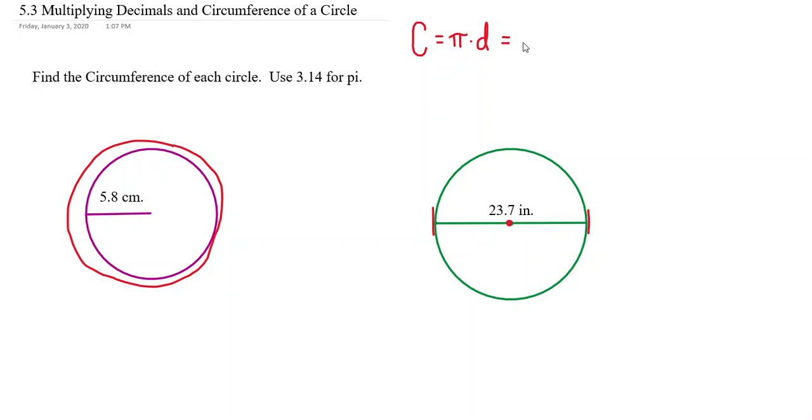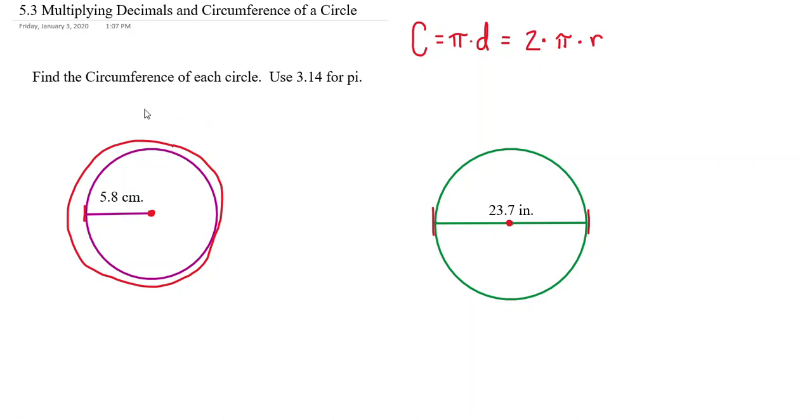Or we could use the formula 2 times pi times the radius. The radius is the distance from the center of the circle to any point on the circle. The purple circle shows the radius for that particular circle.